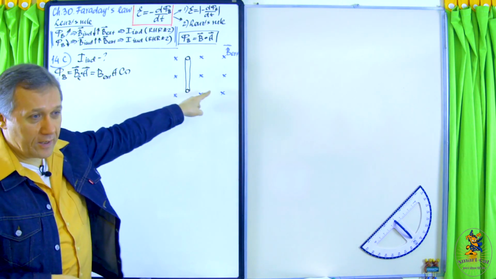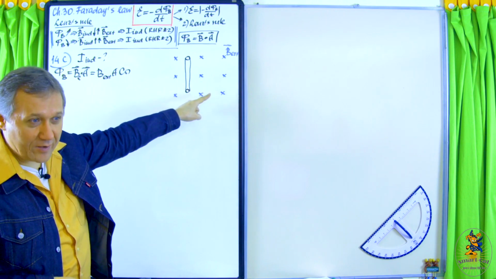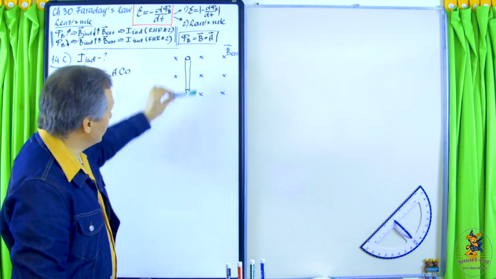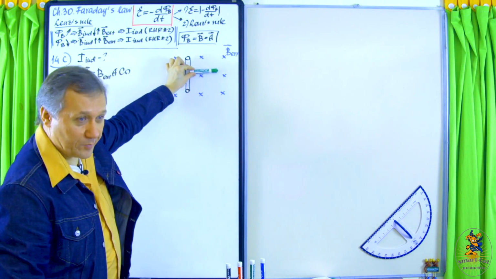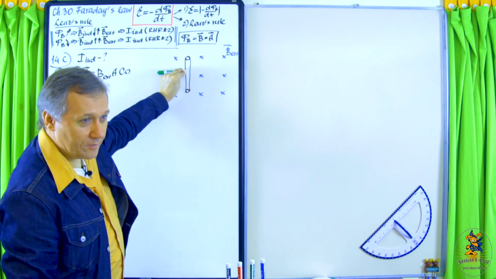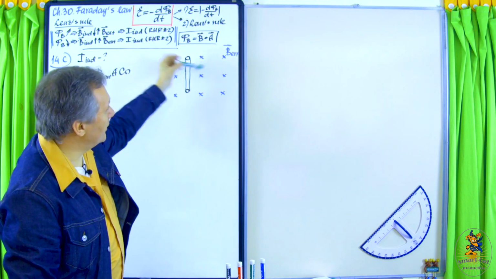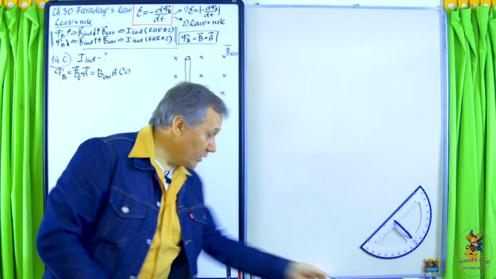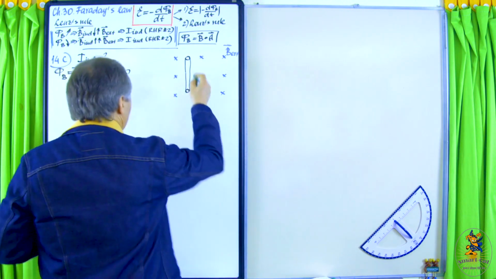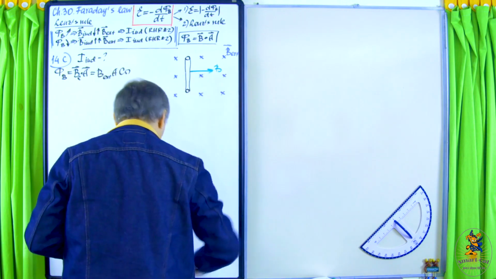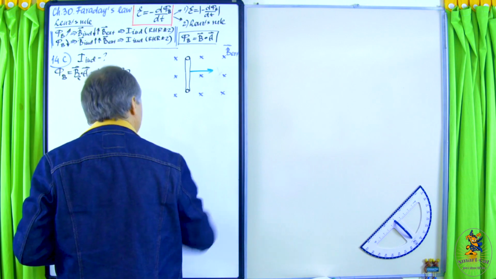Let's draw the area vector on the picture. You remember the area vector must be perpendicular to the surface. So it can be this way or this way. You have freedom. Let me orient it in this direction. It's A.